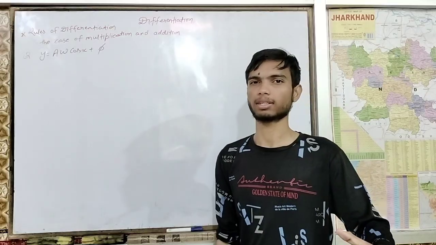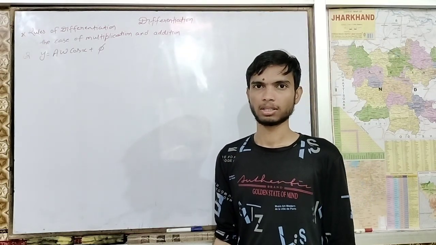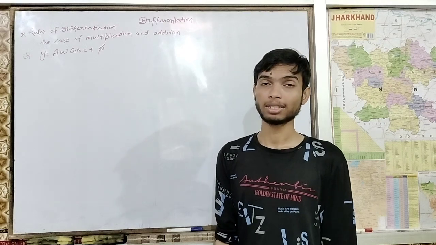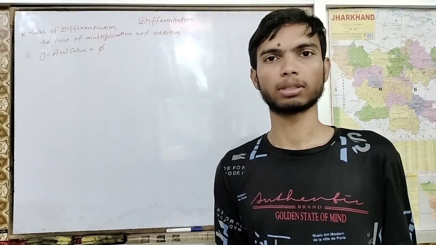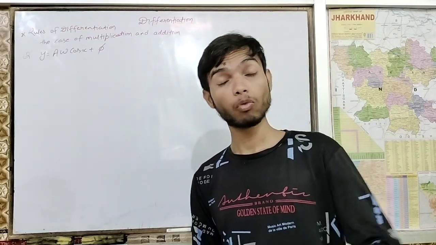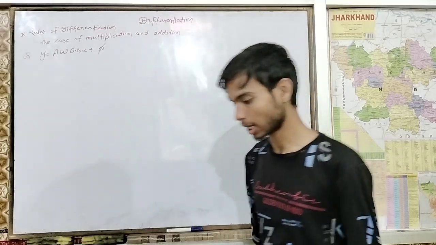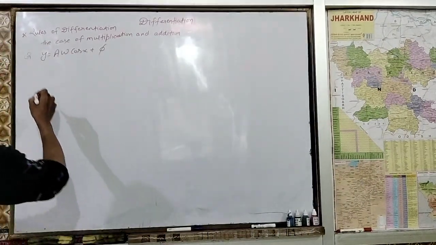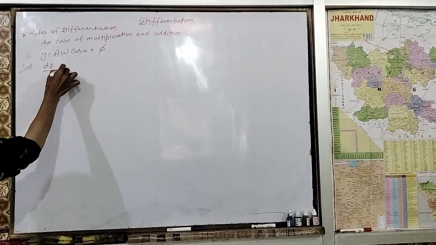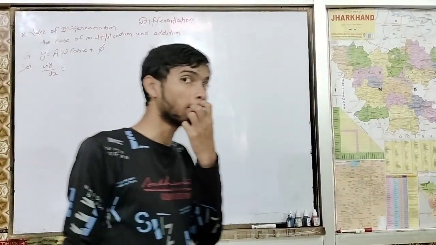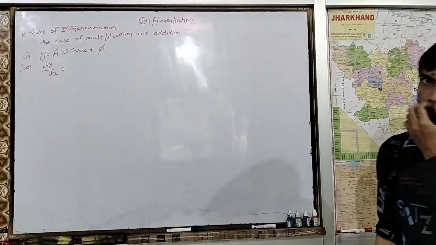It is looking difficult, complex, but in reality, if we take one step first, then you will be able to take the next step. Just like me, solve this. dy upon dx. Here a is just a number, and this number is in multiplication, and you know what to do here.